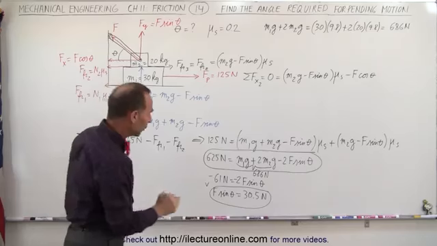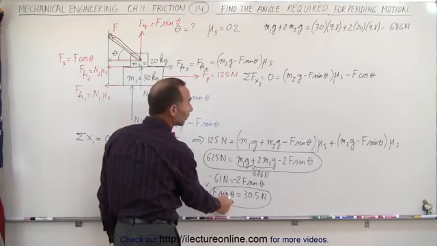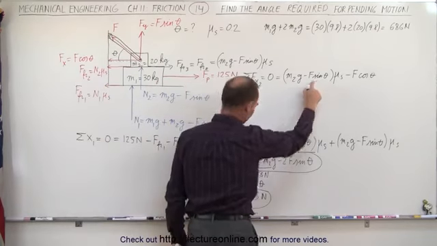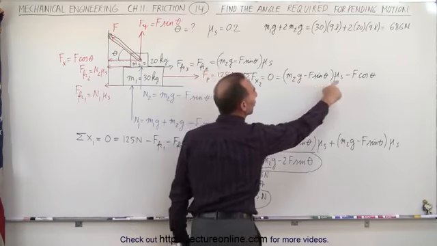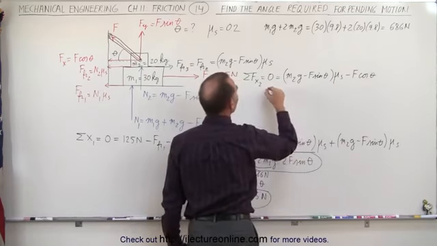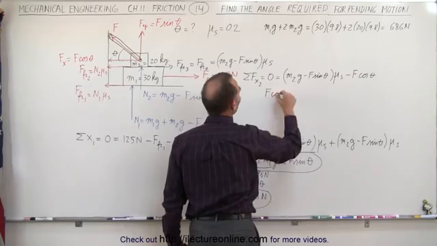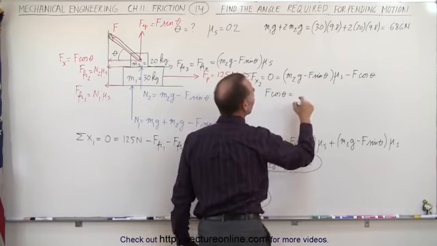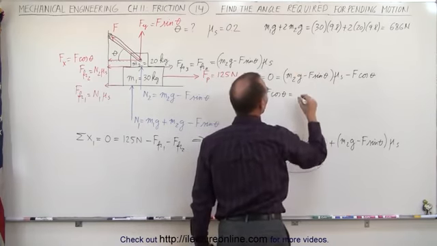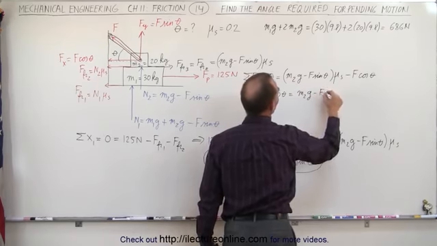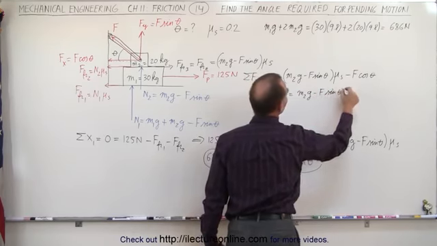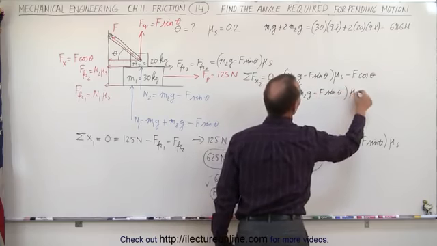And it turns out I already know what f sine theta is, so I can replace this f sine theta by 30.5 newtons. I know what m2g is, I know what mu sub s is, which means that f cosine theta is equal to, when I bring this across, it becomes positive, m2g minus f sine theta times mu sub s.